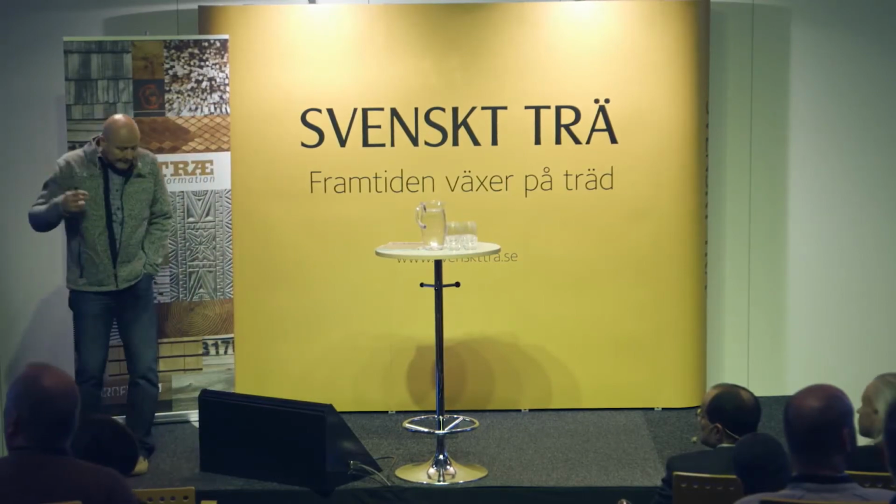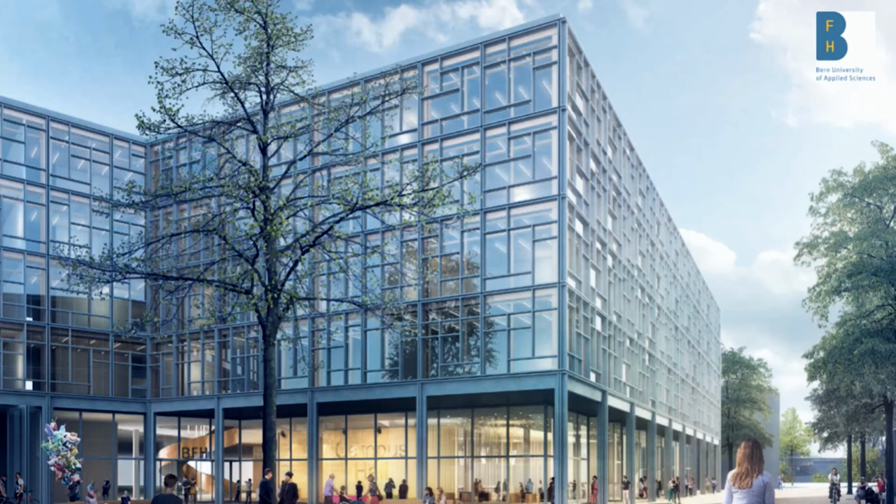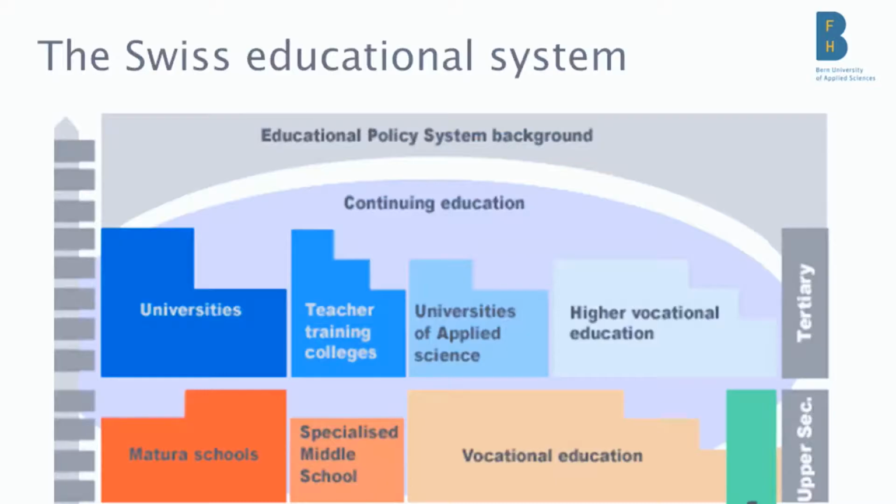Or this is another example. This is NeoBrain. I have 2 students in Silicon Valley by now, and they are trying to get these systems inside our building industry. What are we doing in Biel? Is it possible that we can learn BIM in a school? Yes, we can.